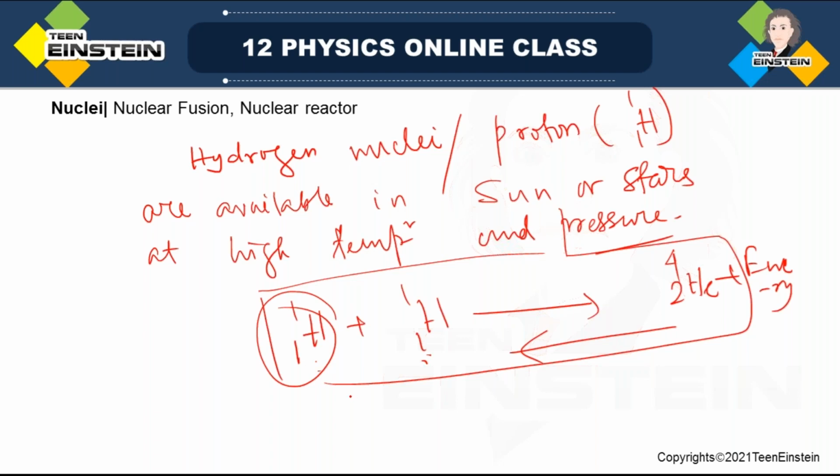Here two proton nuclei are combined or fused together to form a heavier nucleus, helium ion, which is produced when the fusion reaction happens inside the stars or the sun.